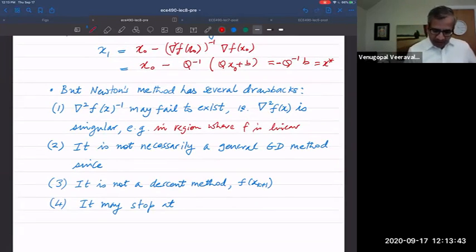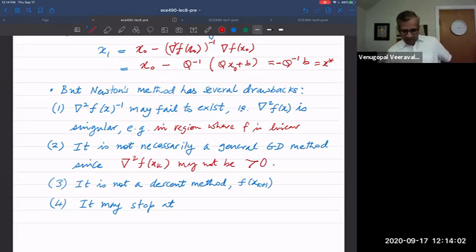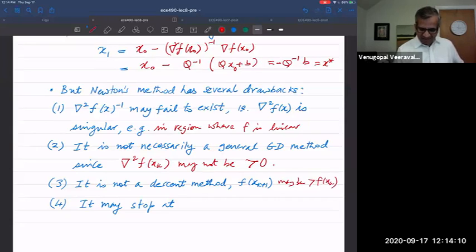And it's not necessarily a descent method. Even if the Hessian is invertible, the Hessian may not be positive definite, and so it may not even be a descent method. So f of x_{k+1} may be bigger than f of x_k.